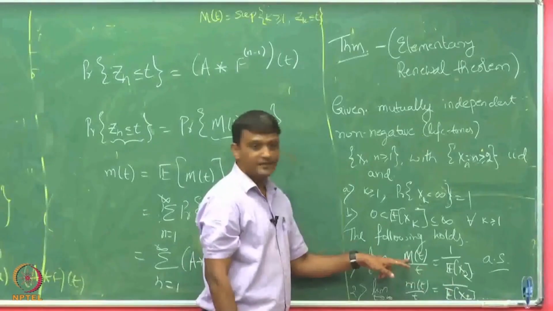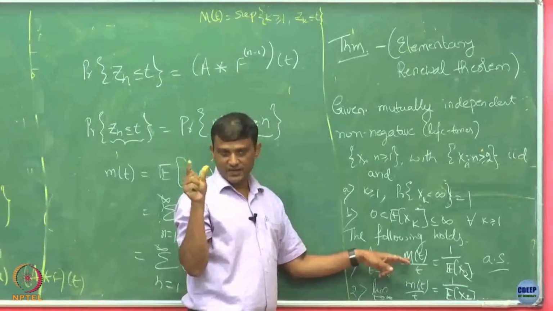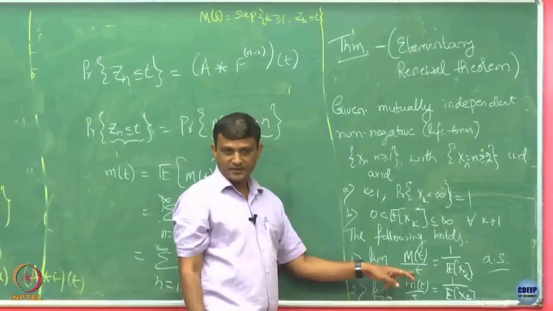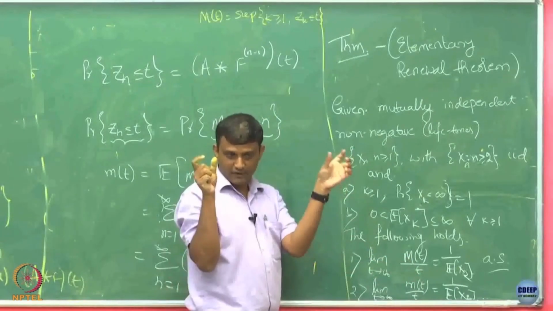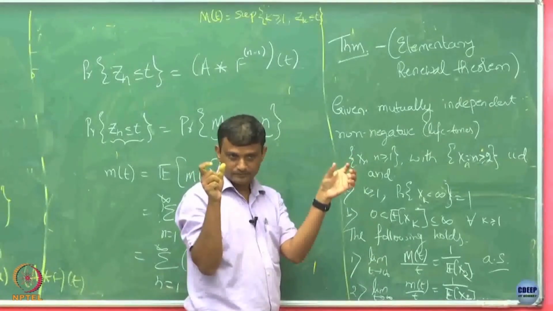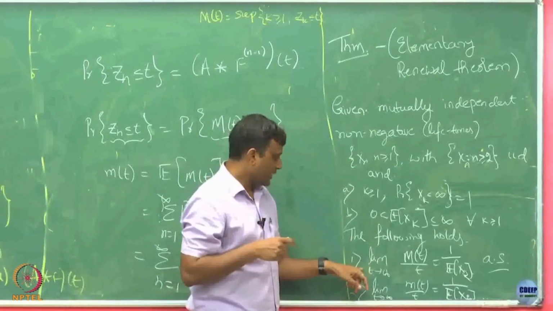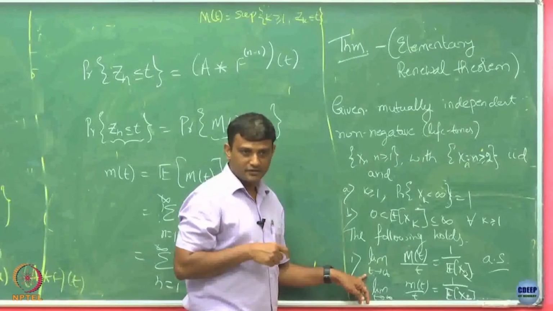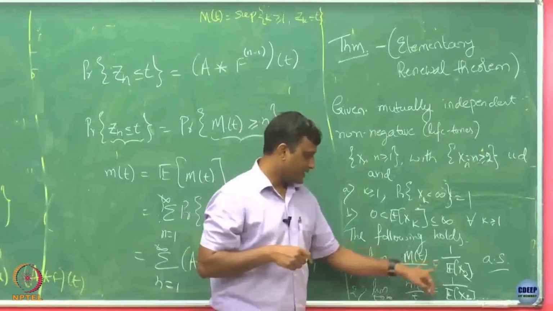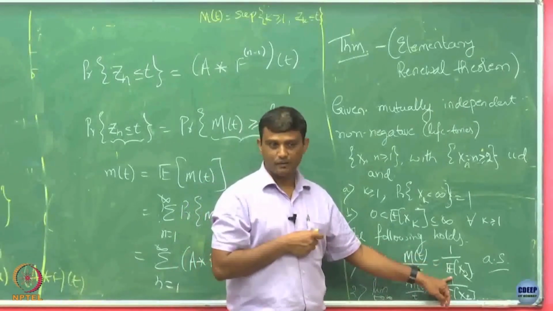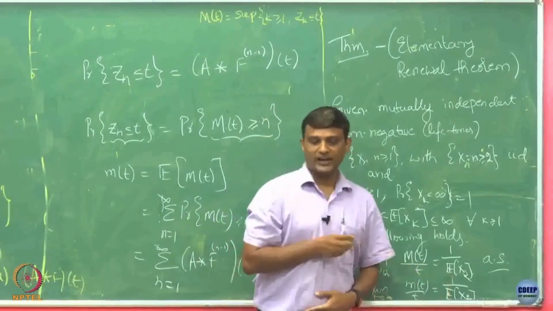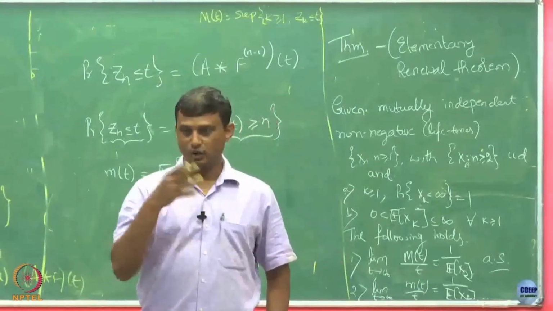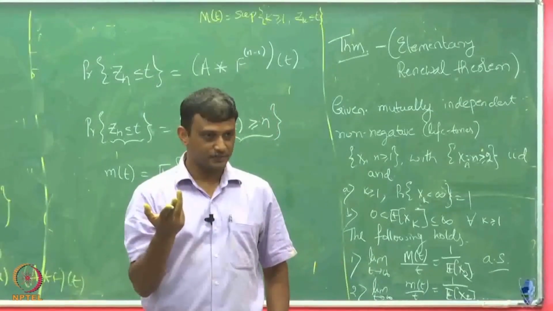So what is M of t? The number of renewals in the interval 0 to t. When you divide by t and let t go to infinity, that rate is going to be 1 upon expectation of X2. Let us try to understand why expectation of X1 is not coming into the picture, and why only expectation of X2 is.